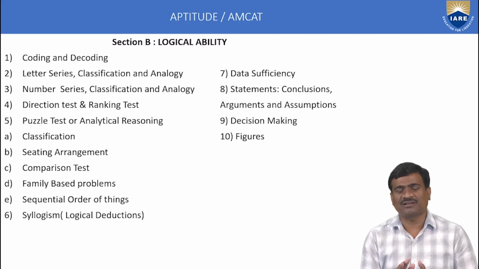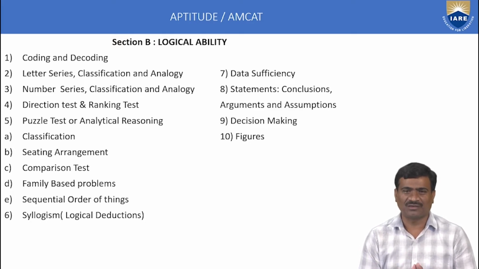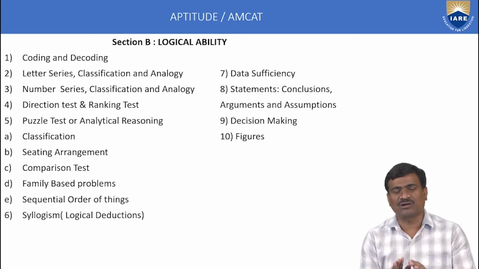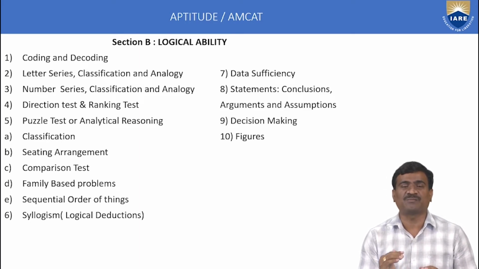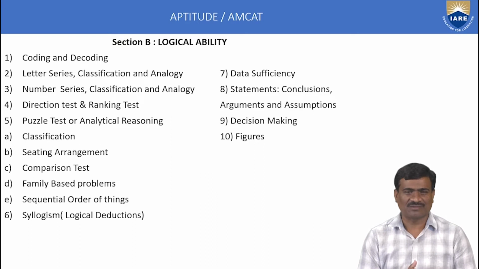Next, the important 5-star topic in logical ability: puzzle test or data arrangement. In the AMCAT test pattern, one puzzle means minimum 4 marks, compulsory. The topic is based only on analysis power; logic-based questions are important for the puzzle test.